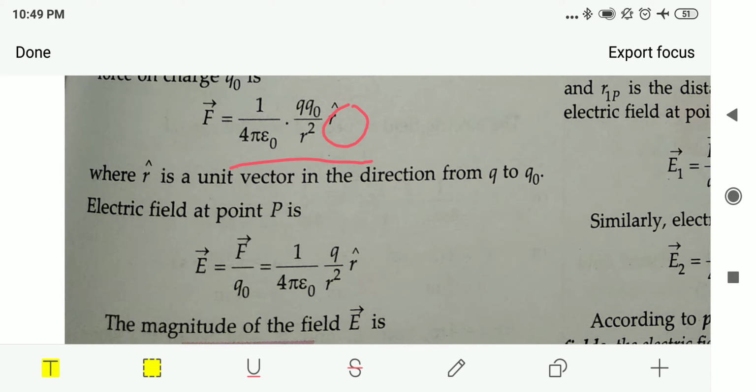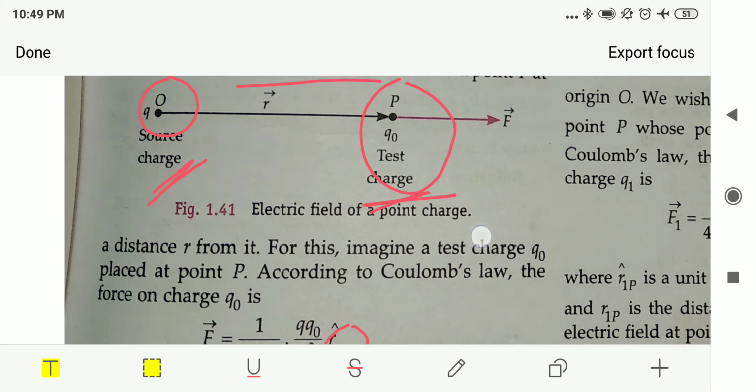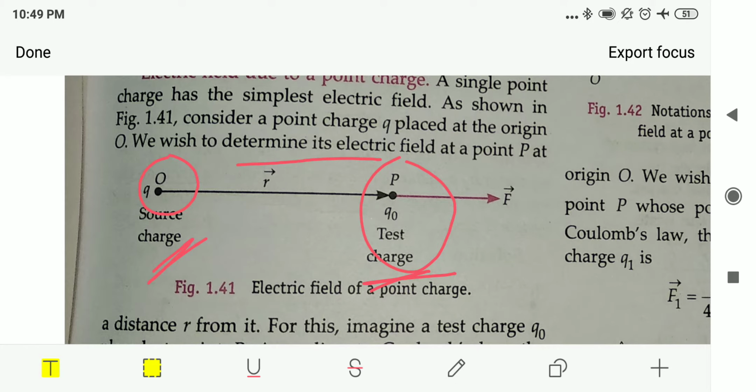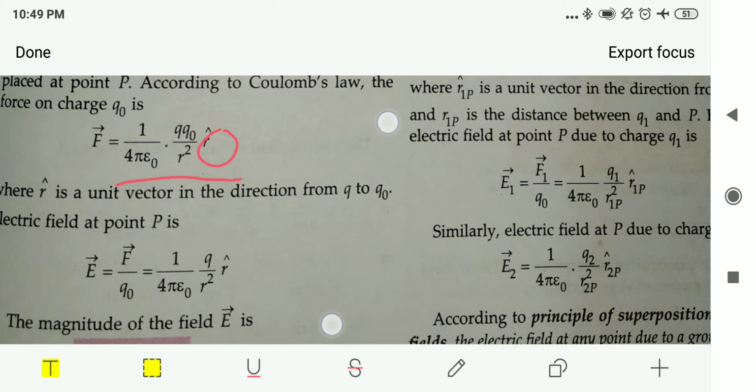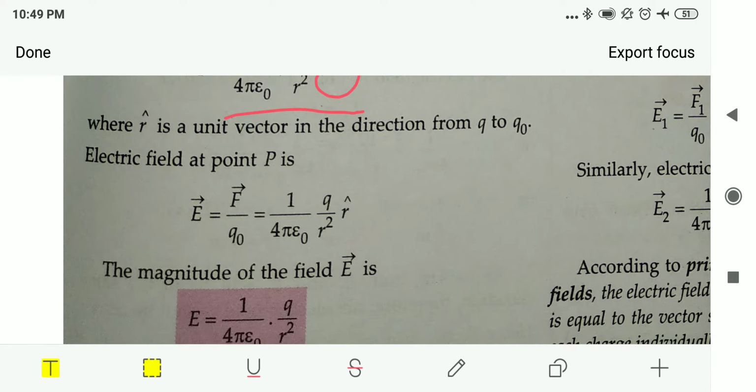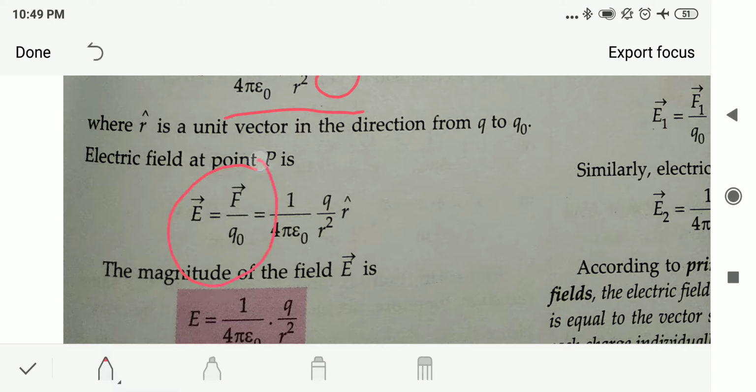So, electric field at point P. Now we want to find the electric field at this point. We have studied the formula E equals F upon q naught.